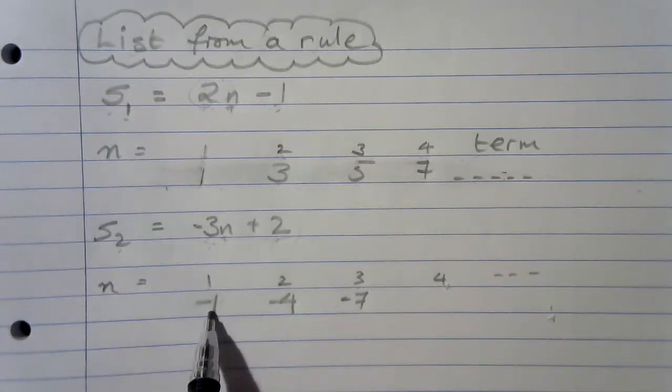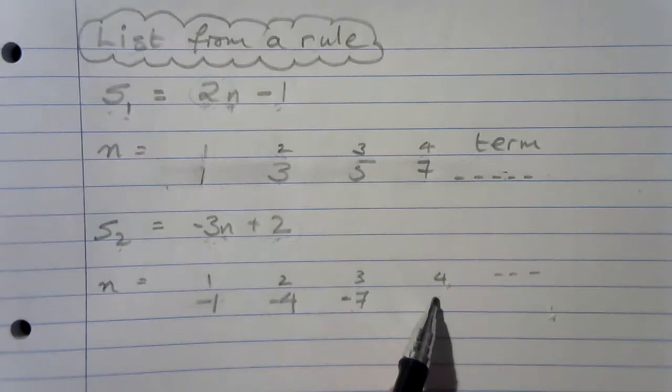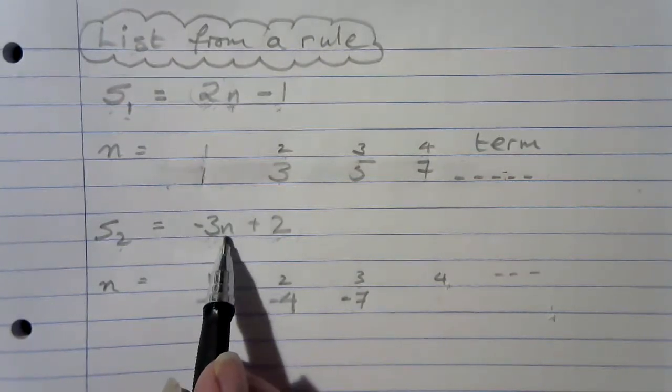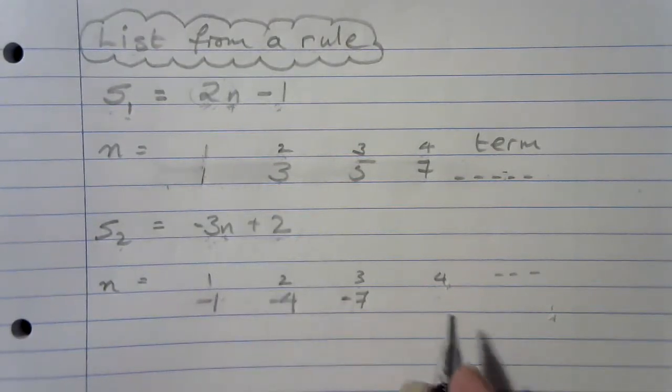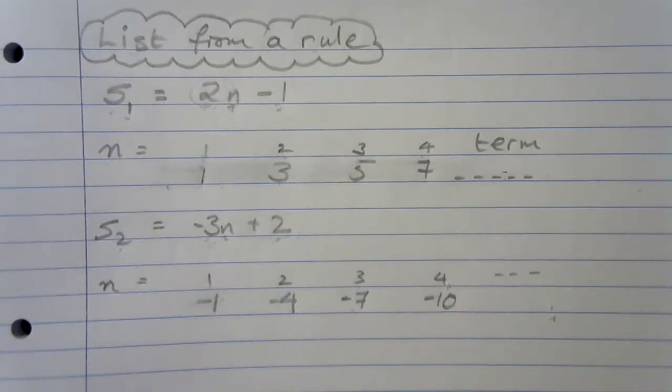And this time you notice the numbers are getting more negative. And you can probably guess what the next number is, but we'll check it anyway. So negative 3 times 4 is negative 12, plus 2 equals negative 10. Now then, before we move on, I'd like you to notice something.